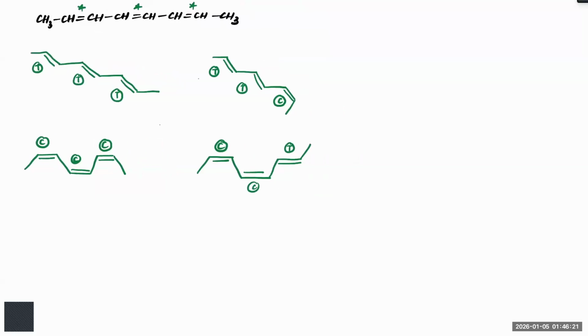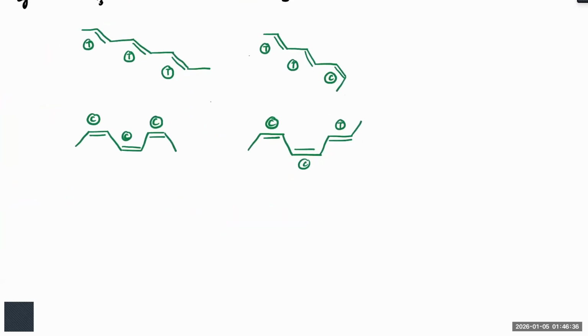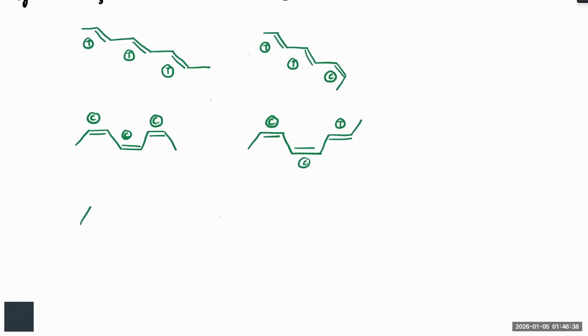Now, what are the other forms we usually expect? Because if we have three stereogenic units, we expect eight of them, but out of them, there should be superimposability. So now, the other two which we can expect here: first I can have cis, then trans, then again cis.